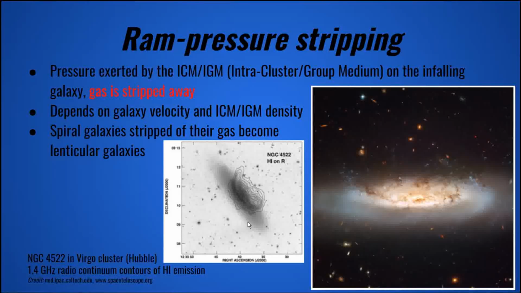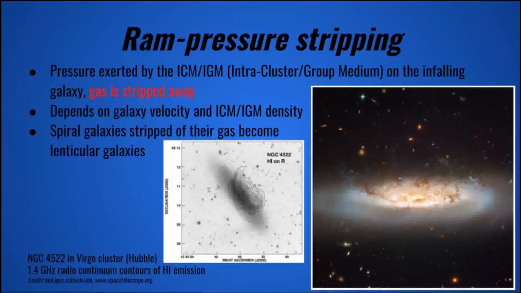This is an optical image superposed to a hydrogen radio image, and you can see that the contour, so this is gas that emits in the radio, is bent outwards, opposite to the direction of infall of the galaxy. And this one is in the optical mainly, and we can see again gas being stripped off the galaxy. Of course, this is a process that's more effective if the galaxy falls in at a high velocity or if the region is extremely dense.